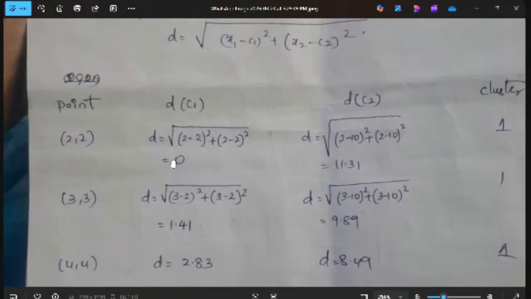Here 0 is there. Among these two, which is the minimum value? 0. This 0 belongs to centroid 1, cluster 1. Is this nearest to 2, 2 or 10, 10? 2, 2. That's why it goes into cluster 1.